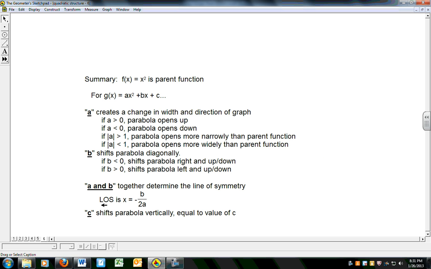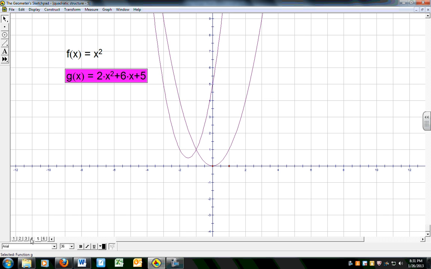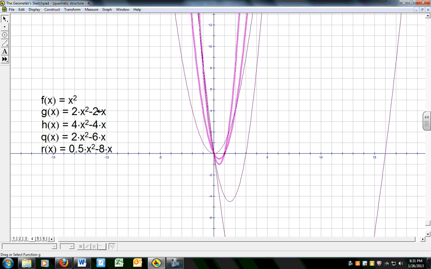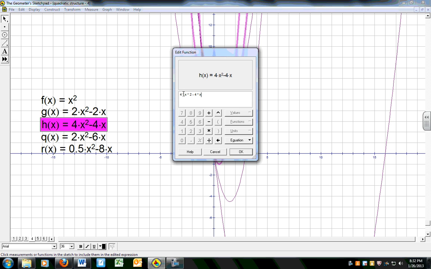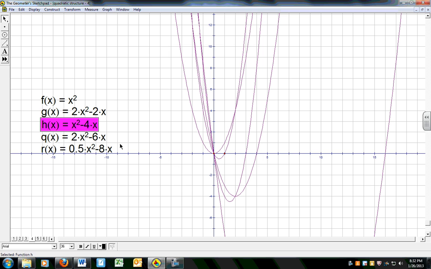Okay, that line of symmetry is found by taking the b value and dividing it by twice the a value. That's kind of what we saw with this ratio over here, as we played around with this, 2 divided by twice 2 creates a half, 4 divided by twice 4 creates the 1/2 again, and if we eliminated that 4, we have 4 divided by twice 1, and it creates the line of symmetry at 2.